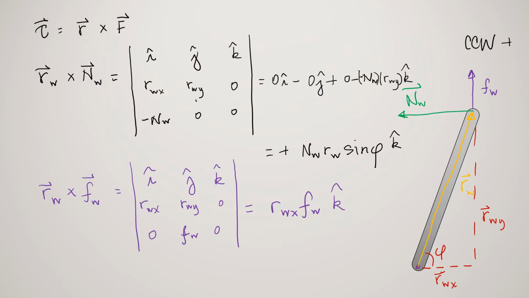If I look at this component here, then I can write this as, sorry, not X, RW cosine of phi times the friction with the wall in the k hat direction.